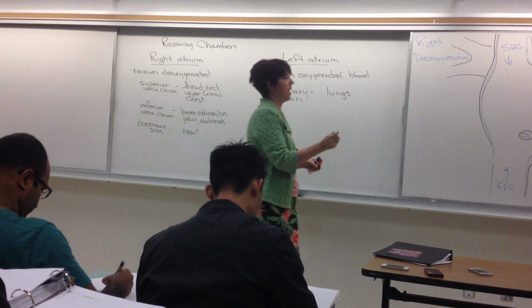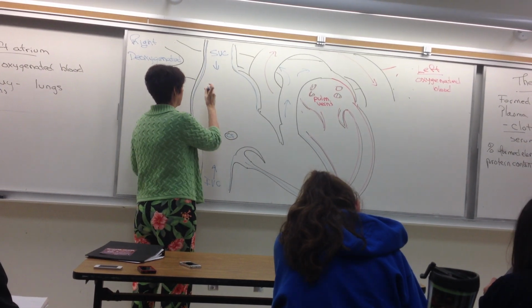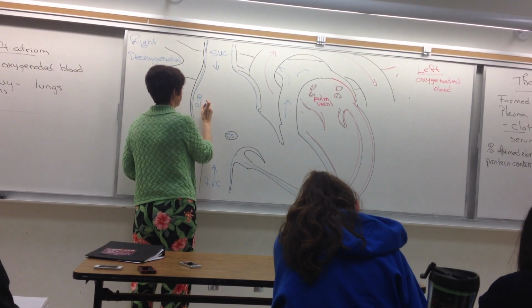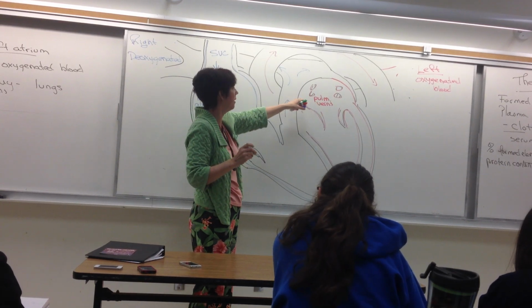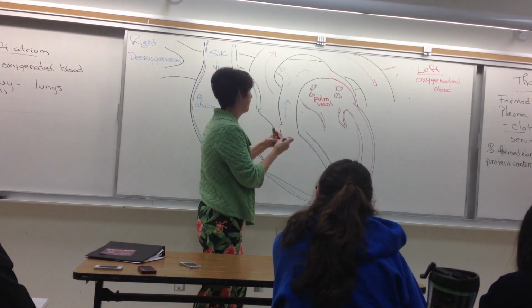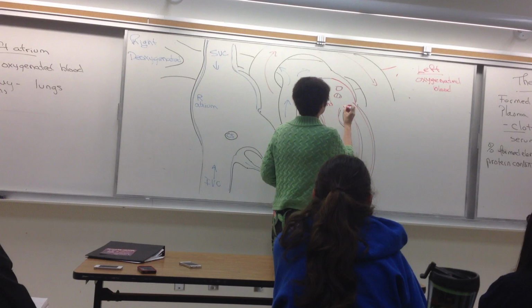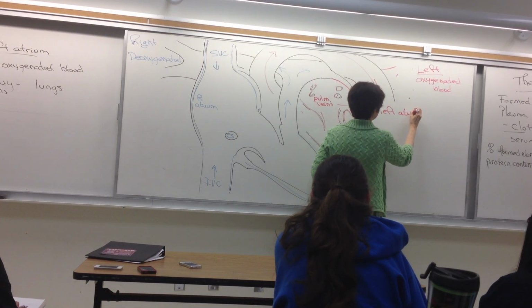So let's name our chambers here. Right atrium. Now you're not seeing much of the left atrium here because most of it is on the posterior side of the heart. All right? But what you are seeing is identified as the left atrium.